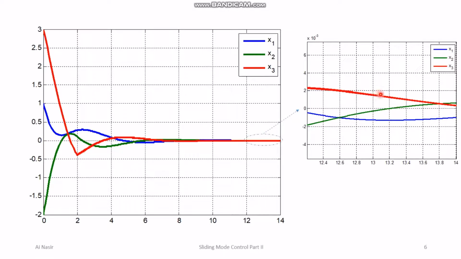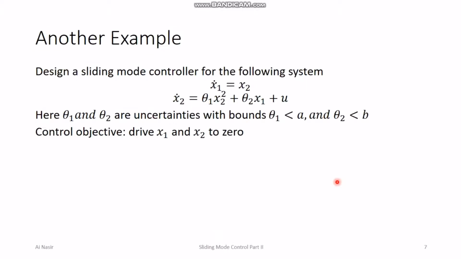This sign of s is changing at a very high frequency. So this chattering problem is well studied in the literature. Unfortunately, we do not have enough time to discuss chattering or the solutions to chattering in this course, but I strongly encourage you to look at it on your own. Alright.